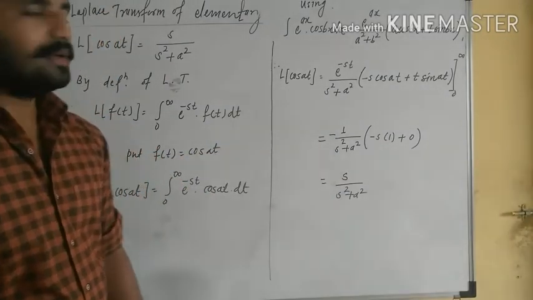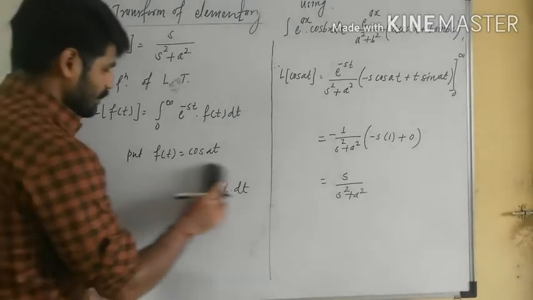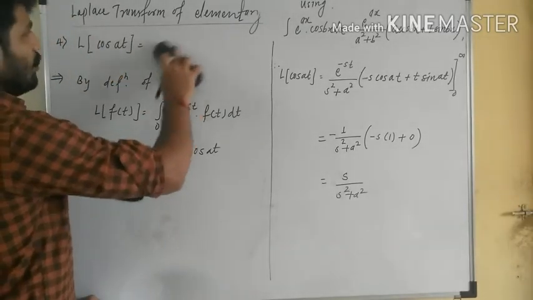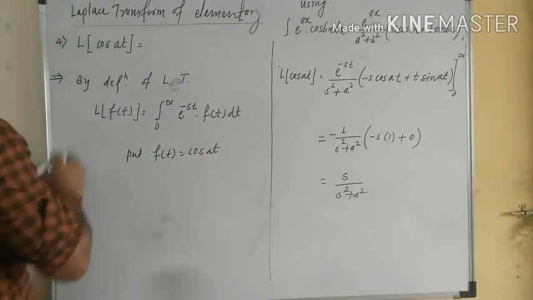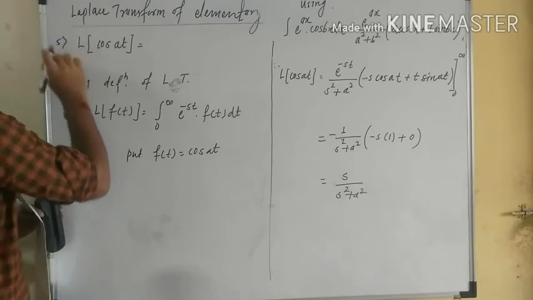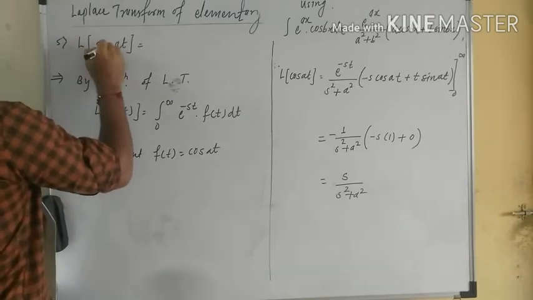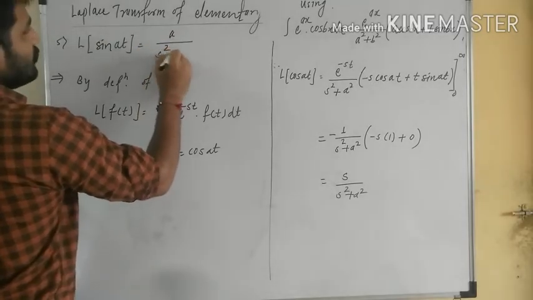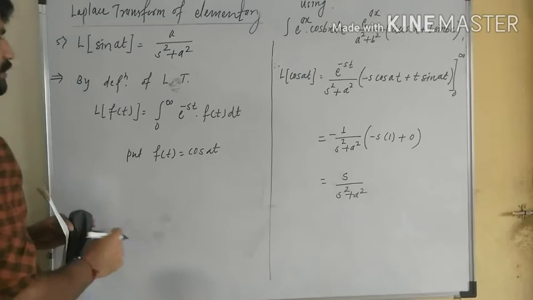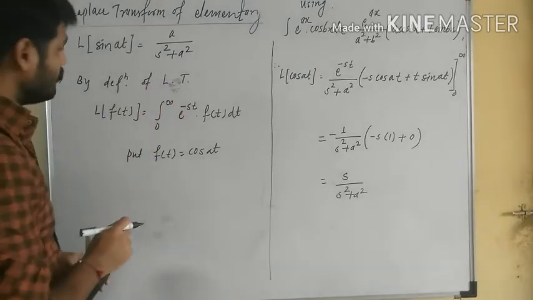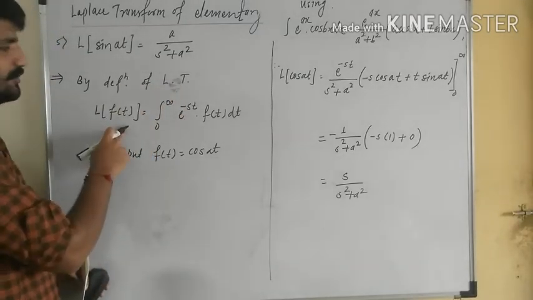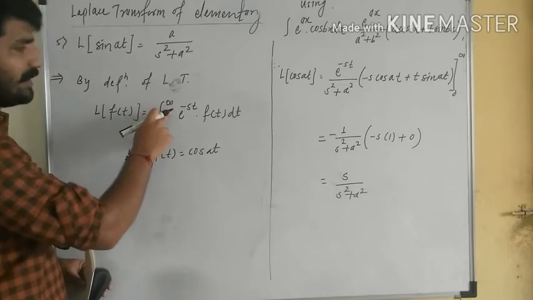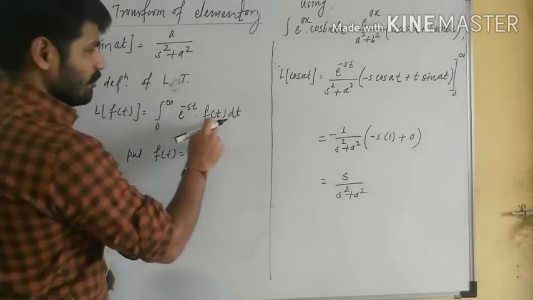Okay. Now in a similar way, we have to find the Laplace transform of sine at. So number 5, Laplace transform of sine at, that is nothing but a upon s square plus a square. So again, by definition of Laplace transform, Laplace of f of t is equal to integral from 0 to infinity e raised to minus st f of t dt.